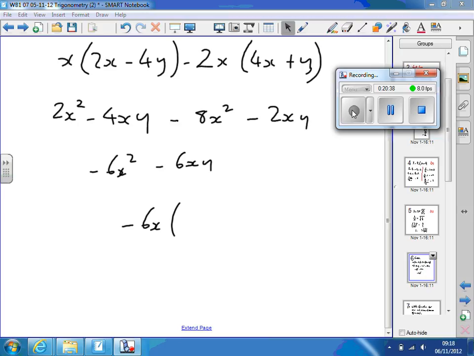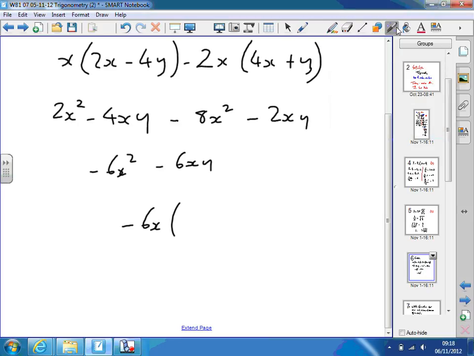So what have I got to times minus 6x by to get minus 6x? And the next one's the interesting one. What have I got to times minus 6x by to get minus 6xy? Plus y or minus y? Plus y. You're right. Okay?